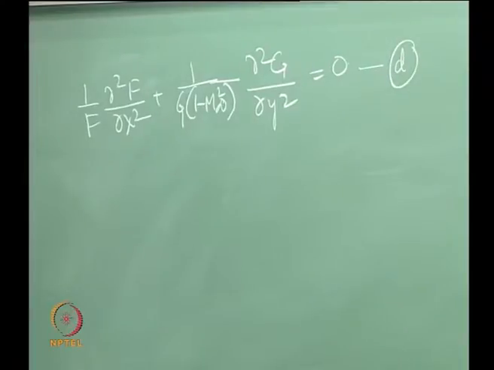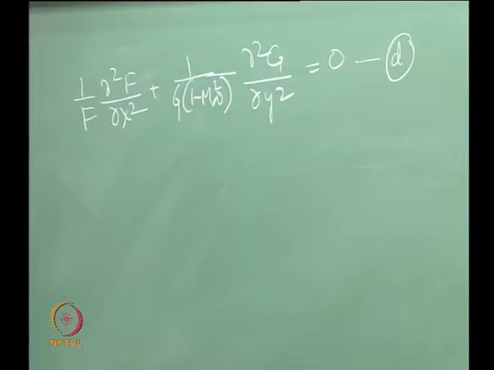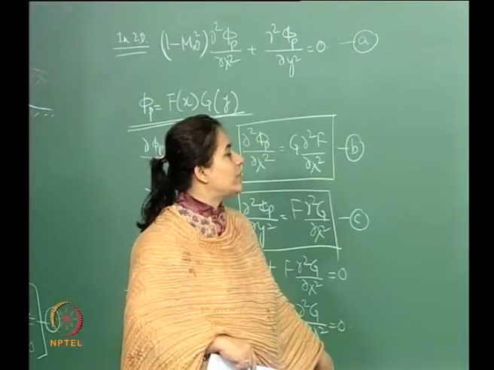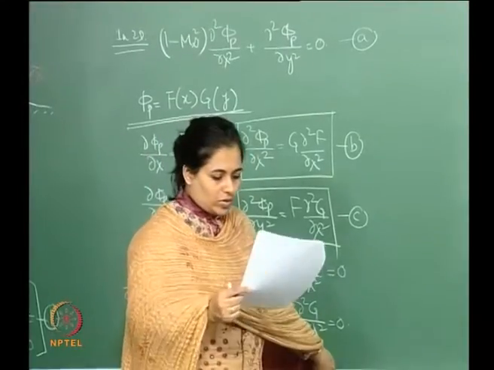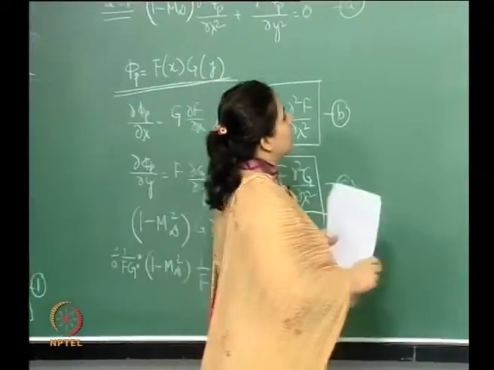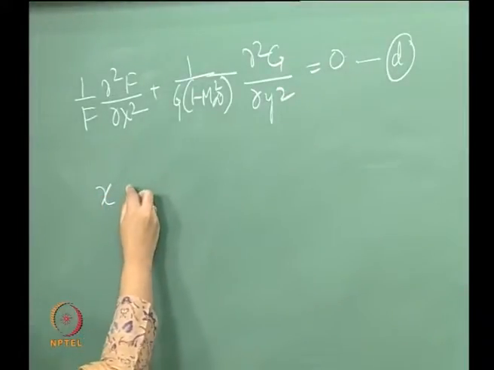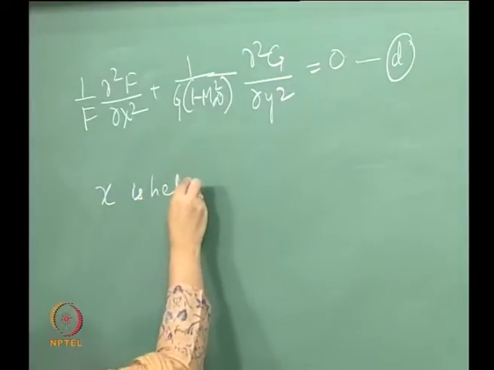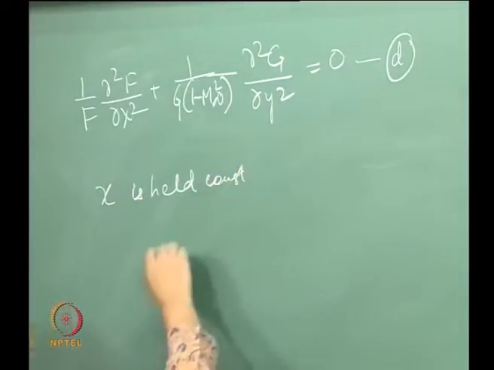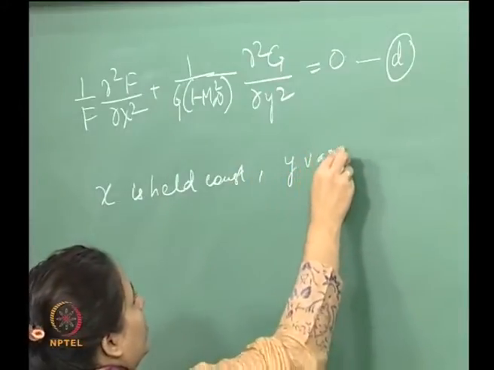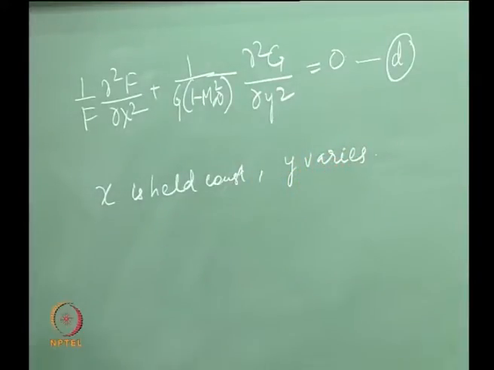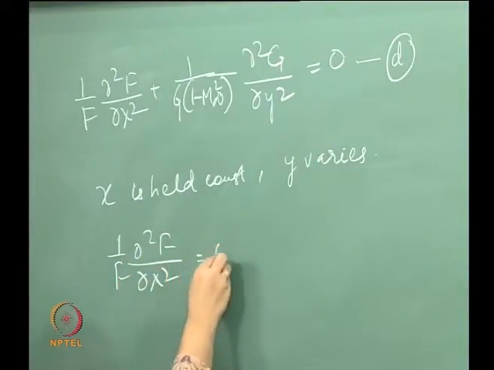Now, let us say that x is held constant. Okay. x is held constant. So x is held constant, and so y varies. So we will hold x constant, right, and y varies, right. So which means that, okay.